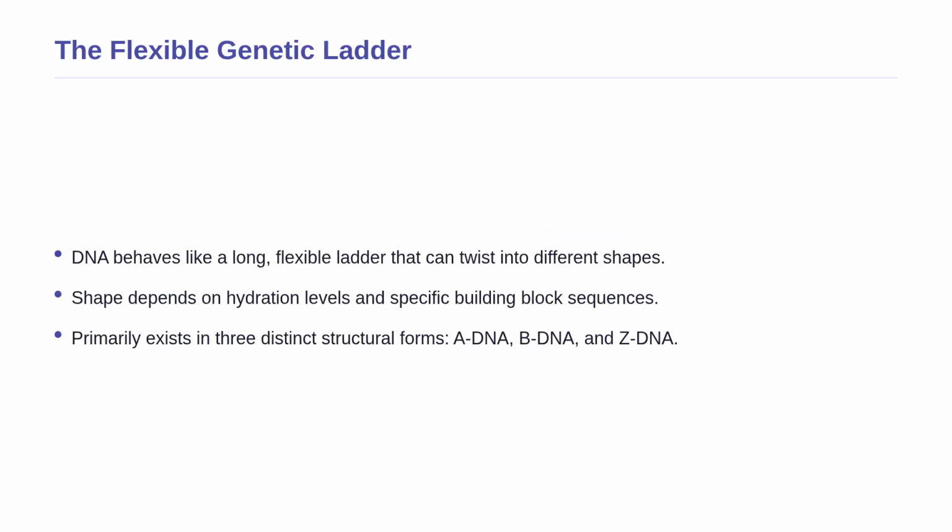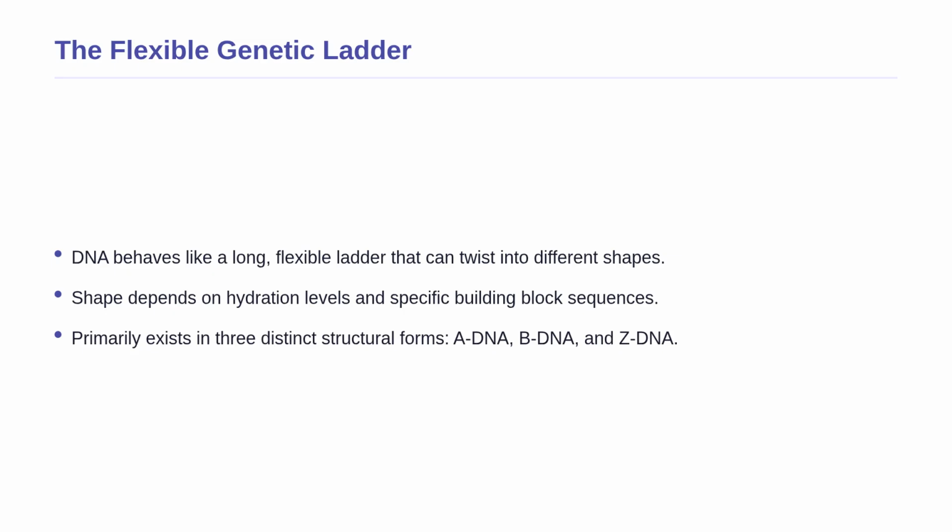Let us start by imagining DNA as a long, flexible ladder. If you twist it normally, you get a standard, comfortable staircase. But depending on the amount of water around it or its specific building blocks, this ladder can stretch, compress, or twist differently.